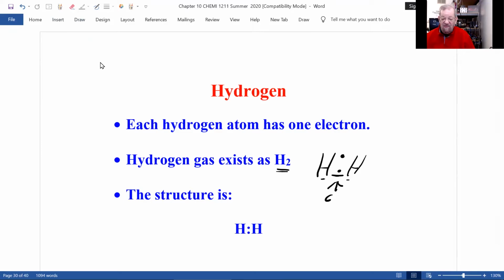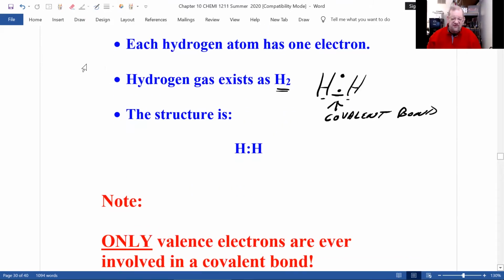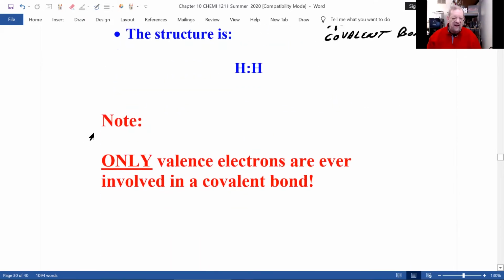And that's a covalent bond. And a lot of times I'll just say, instead of a covalent chemical bond, I'll just say covalent bond, which is a chemical bond. And therefore, that's the structure of that. And only valence electrons are ever involved in covalent bonds.